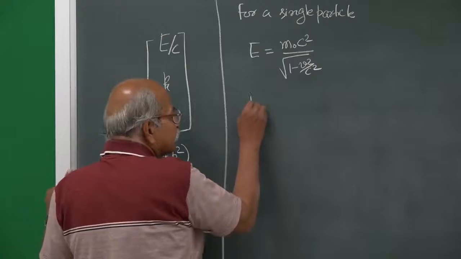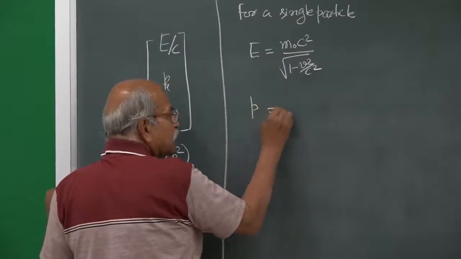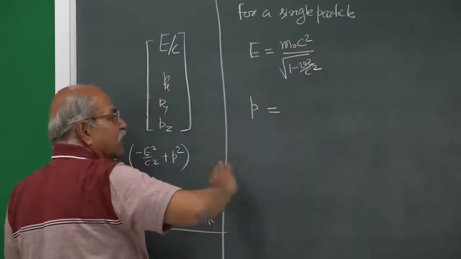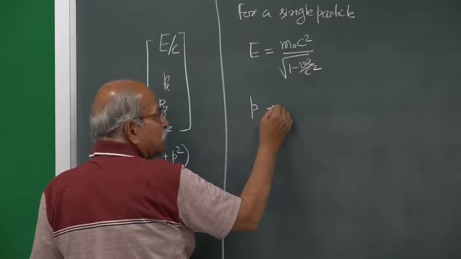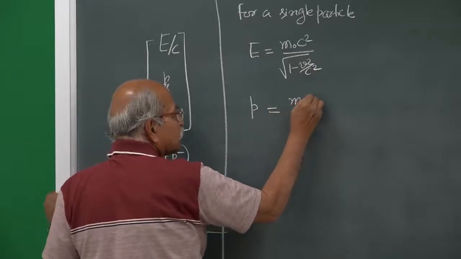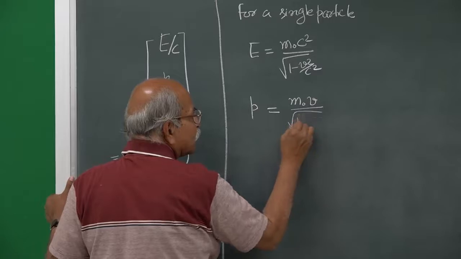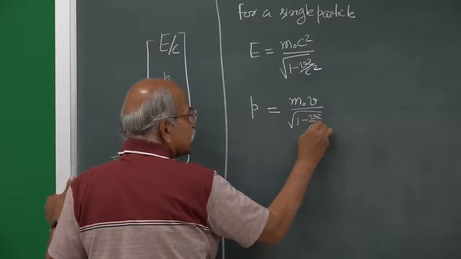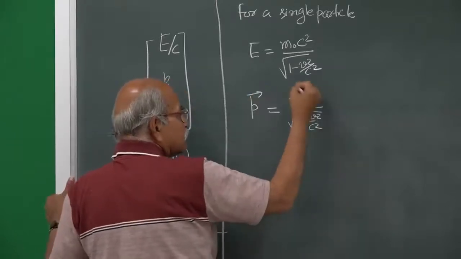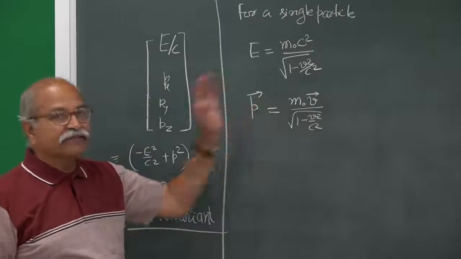And P is given by, let us take it going in the x direction, P will be m naught times V and then gamma, that is, square root of 1 minus V square by C square. If you take the vector, it is this, that is P.